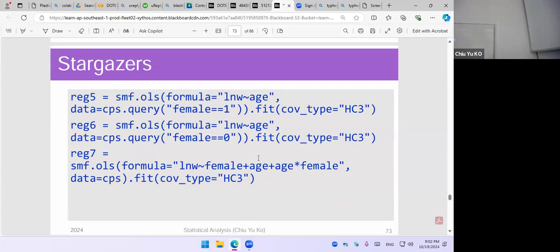There's a little bit of a difference here: you would run 5 and 6. We use the query Python code. I restrict myself to male and run the regression. The first one is I restrict myself to female and I run the regression. So this is the data.